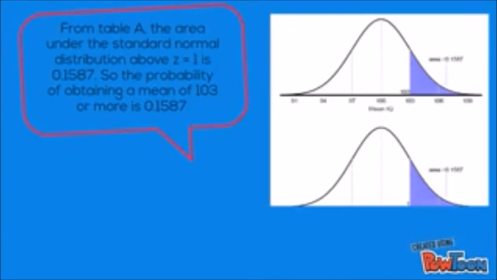So the probability of obtaining a mean of 103 or more is 0.1587.